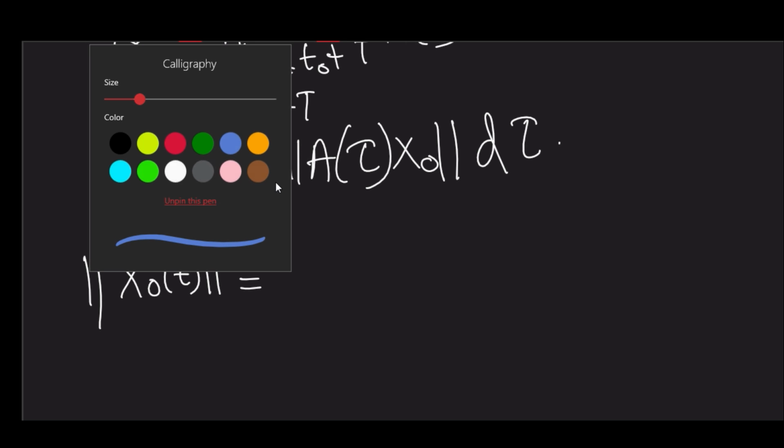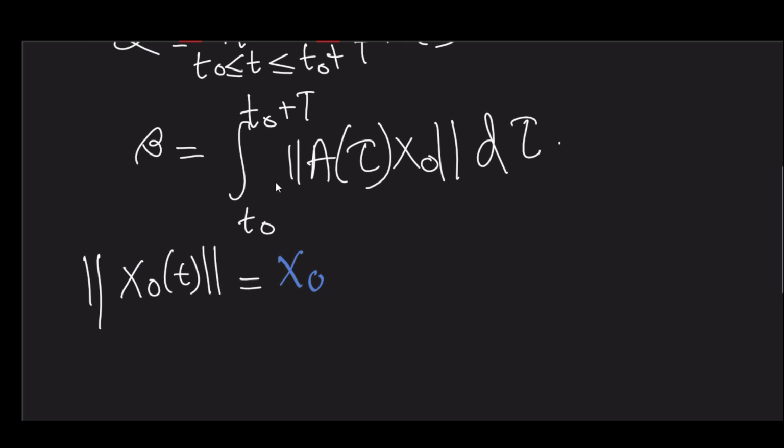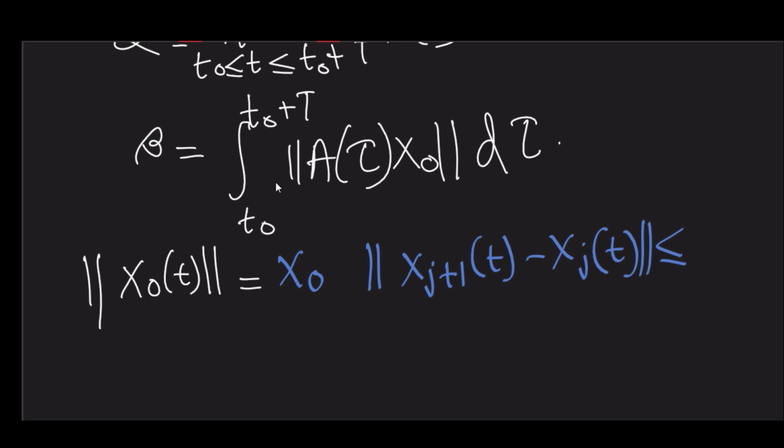Let me write it in a different color, and the bound of it, for j equal to 0, 1, 2, like this.